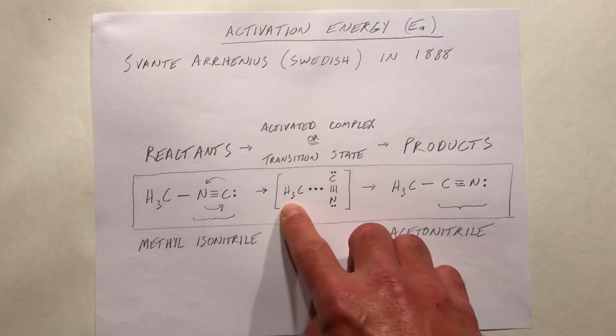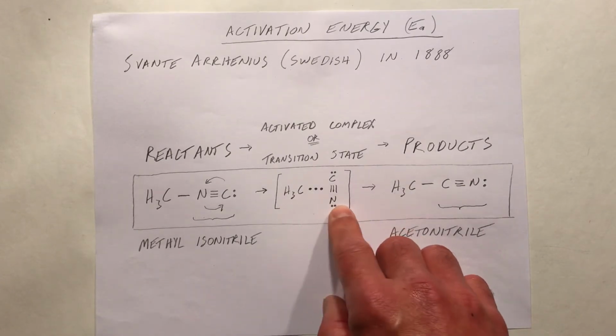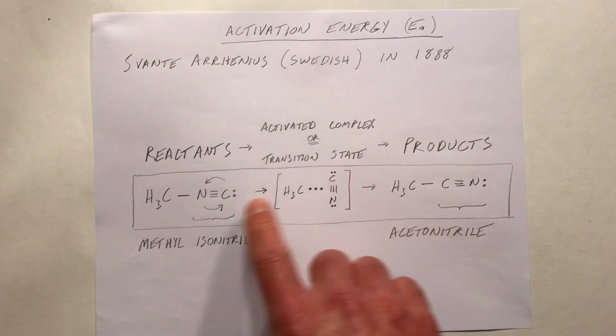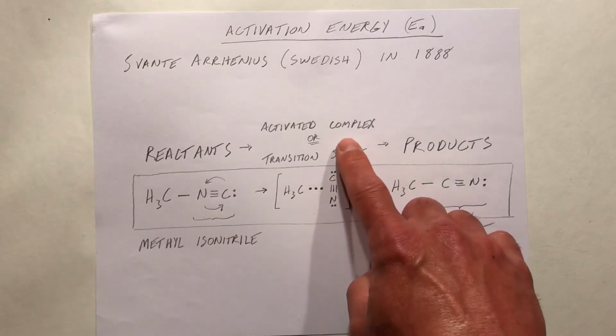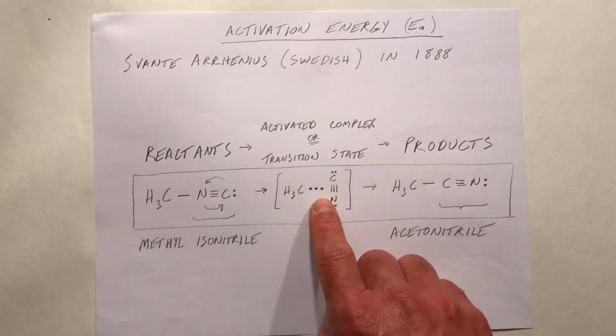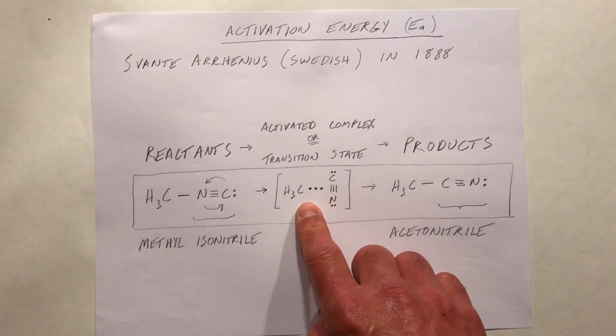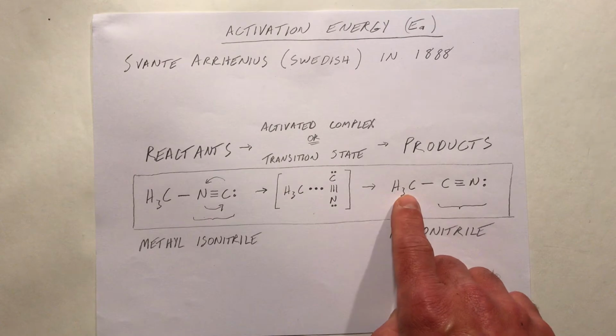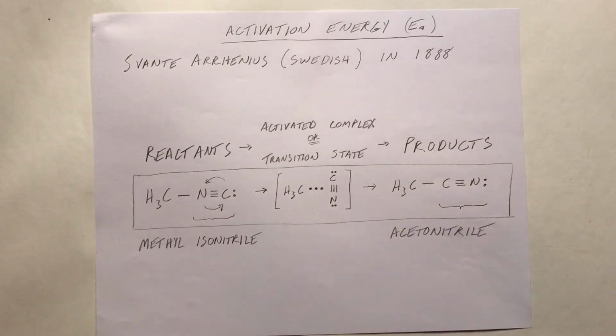So we can call this thing here, it's not really a molecule, the transition state between the reactants and the products, or sometimes it's referred to as the activated complex. This thing would have to be there at some point in time. In other words, the change from here to here wouldn't be just instantaneous. It would take some time.